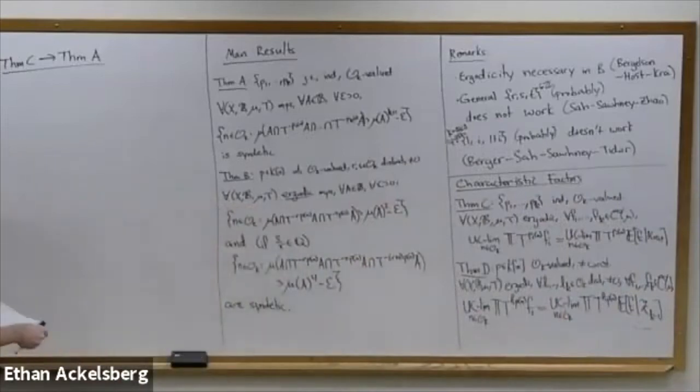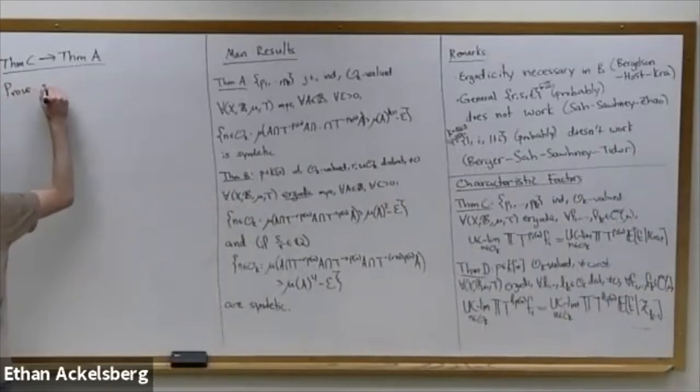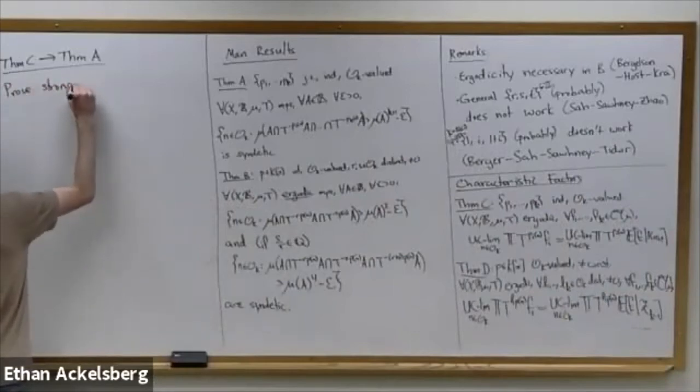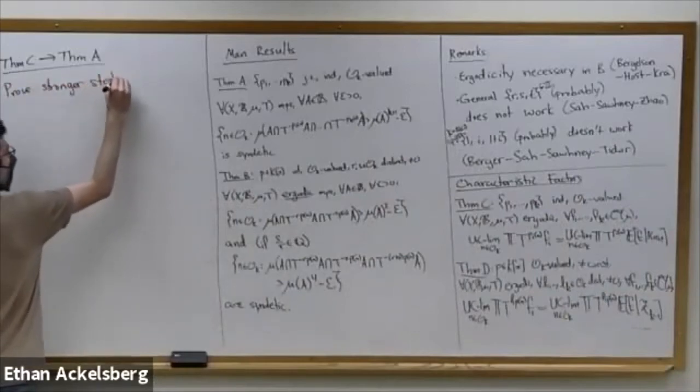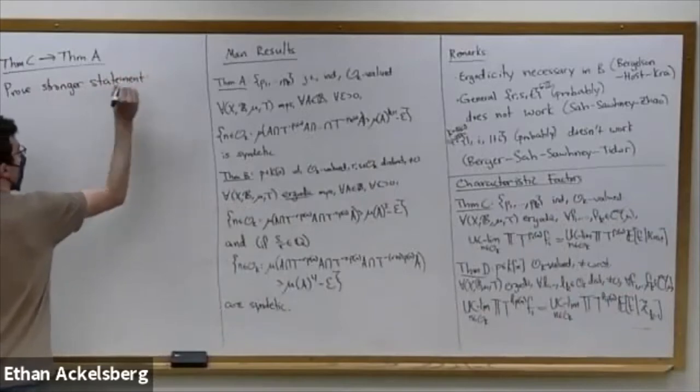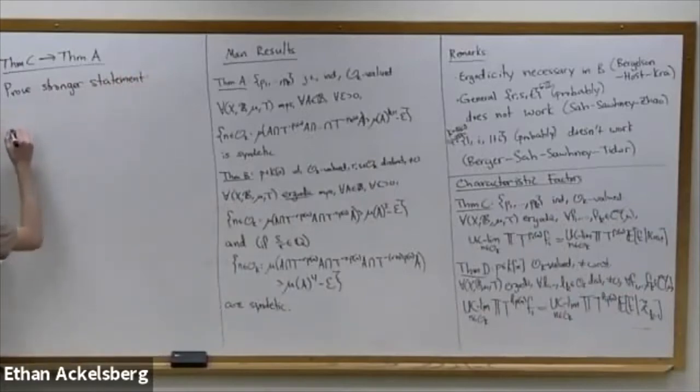So let's start doing this, and I'm actually going to prove something a little bit stronger than theorem A. So what we're actually going to prove is the following thing.